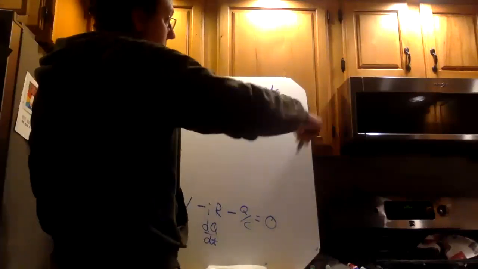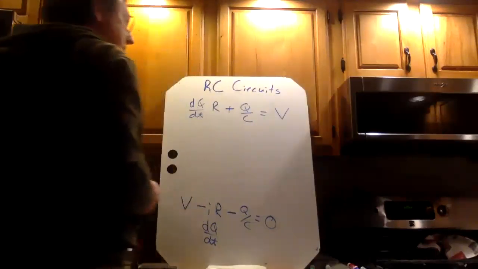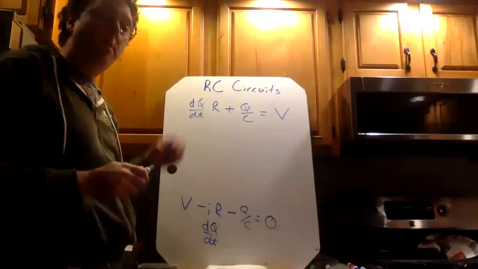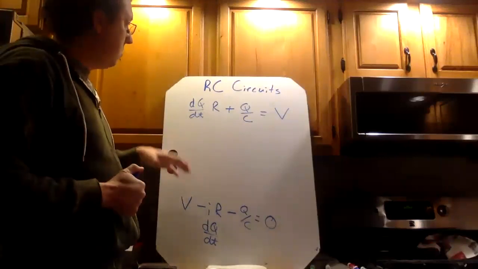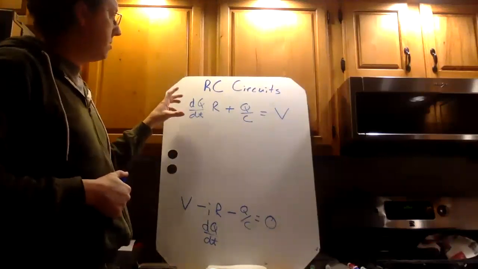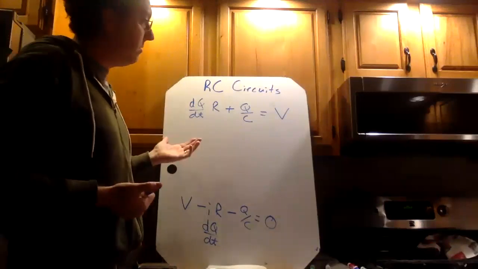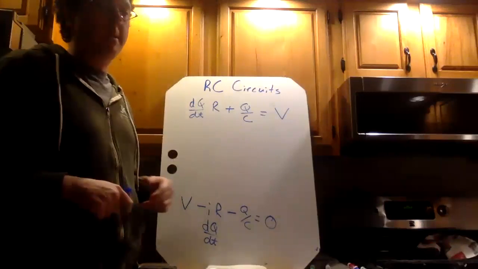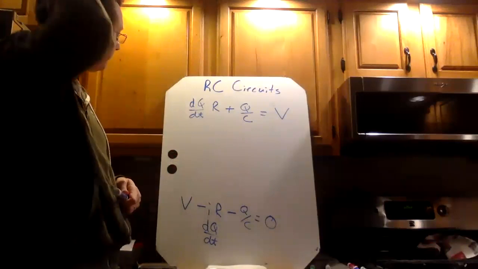And if it was a sinusoidal one, you'd have that too. This is a differential equation. You get a differential equation for an RC circuit. It turns out it's a first order linear differential equation, pretty much one of the easiest ones possible.